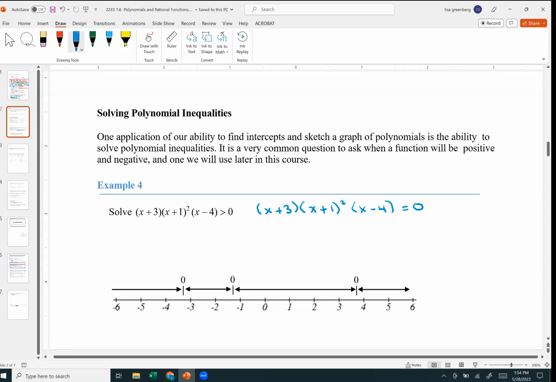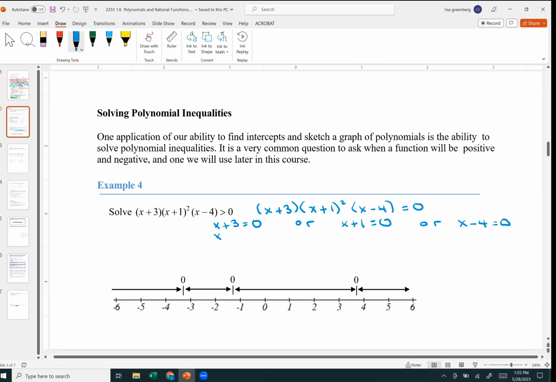Okay? That means that either x plus 3 equals 0, or x plus 1 equals 0, or x minus 4 equals 0. Because if any one of those factors or any one of those multipliers is 0, then the whole thing is going to be 0.